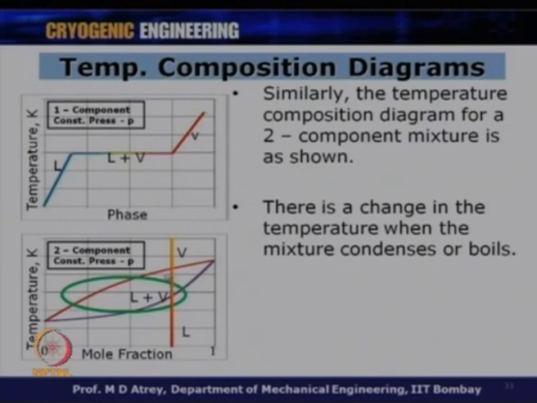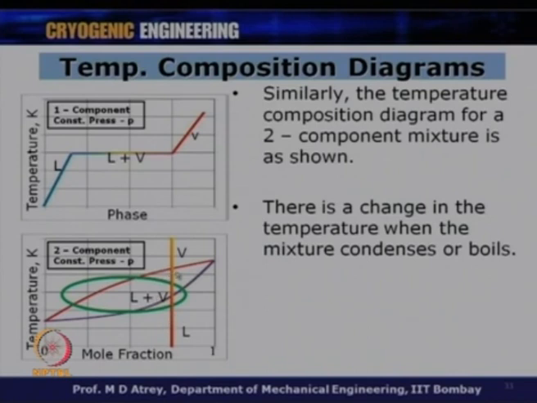Now, when I am hitting this L plus V region, my temperature is going down, and still I am having a phase change which is possible over here, and here I meet the liquid region now. So, the vapor will get completely converted to liquid when I am cooling down this vapor, passing through the L plus V region and then going to liquid. What does that mean?